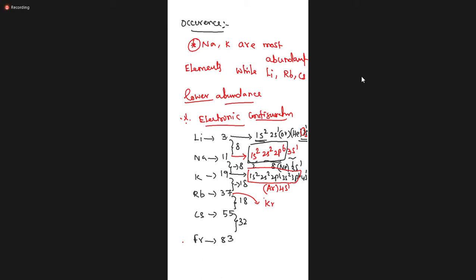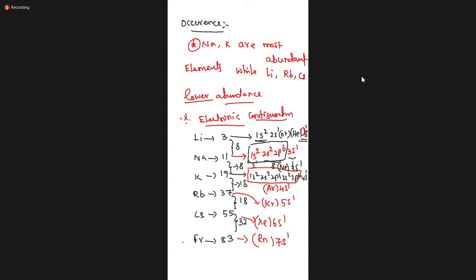Rubidium electronic configuration: krypton 5s1. Cesium configuration: xenon 6s1. And francium, I can say radon 7s1. This is the general outermost electronic configuration for first A group elements.